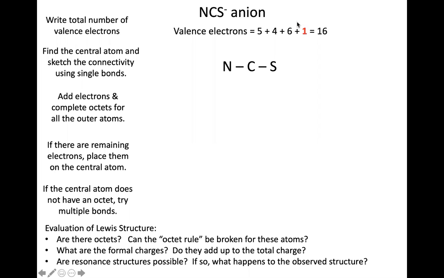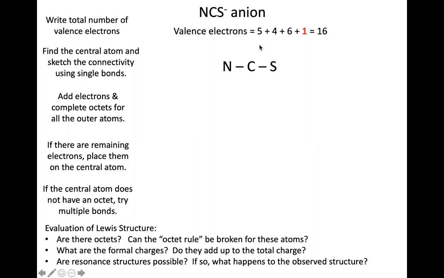If you ask where that additional 1 comes from, I don't know, it's within this polyatomic. I've got to increase the number of valence electrons because it's an anion, so I added 1 more. So within this polyatomic anion, I need a total of 16 valence electrons in my resulting picture.